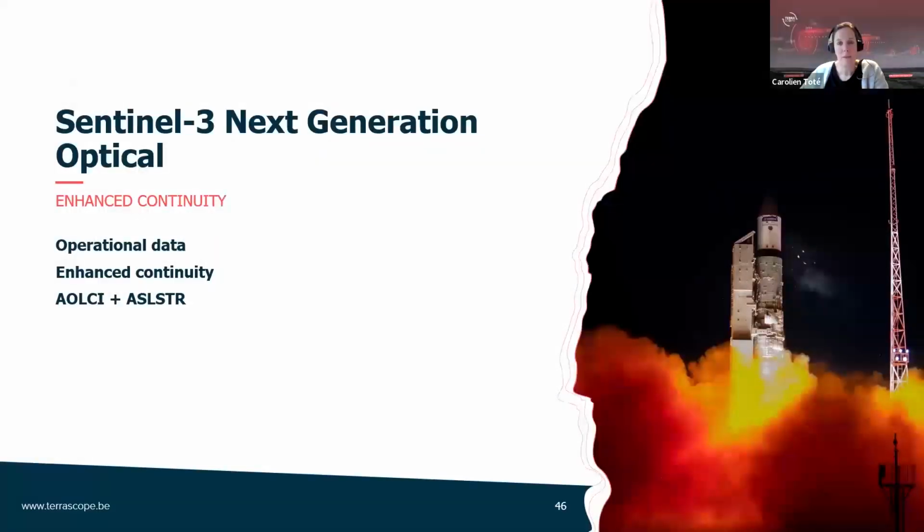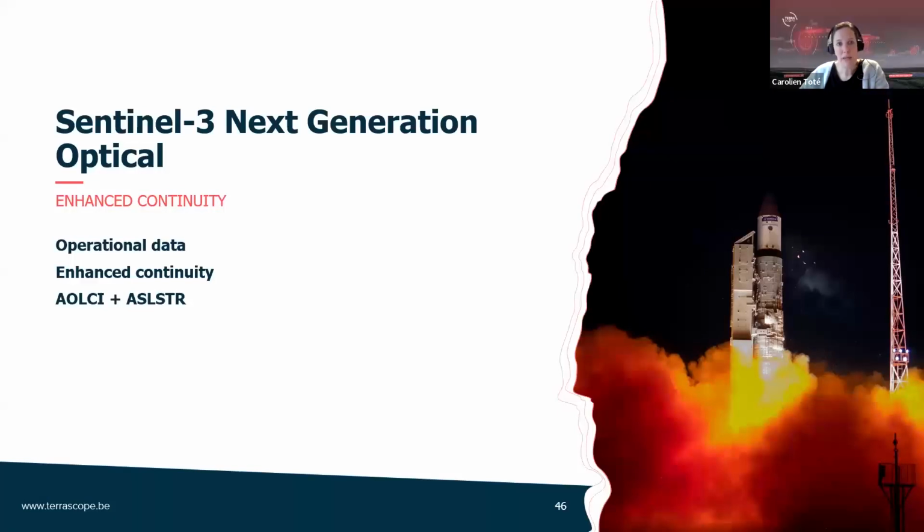After that, so after C and D, there is the next generation. It's called the next generation optical because the topography sensors will be on a separate platform. So the next generation optical will be the follow-on of Sentinel-3 ALSI and SLSTR to continue the operational data stream.